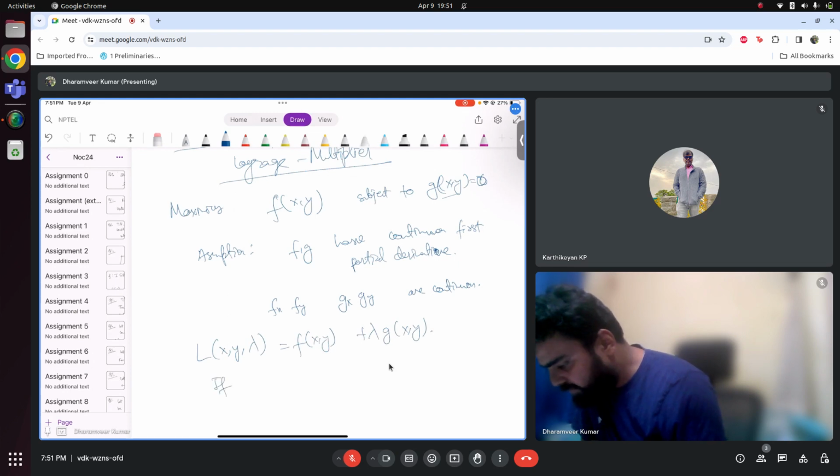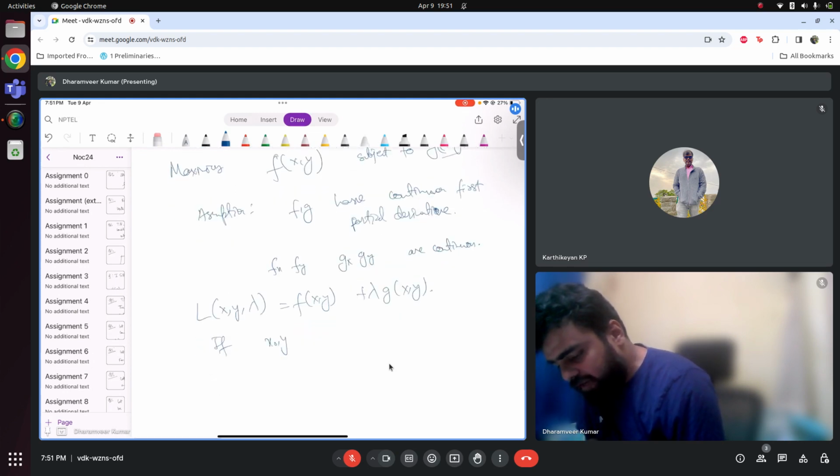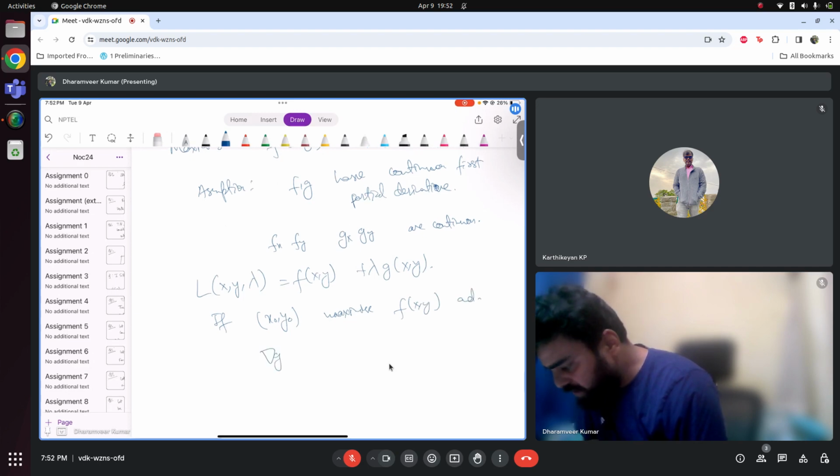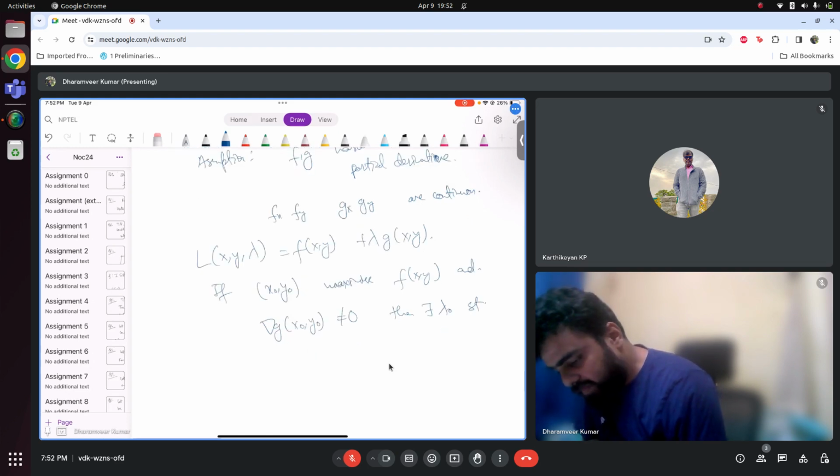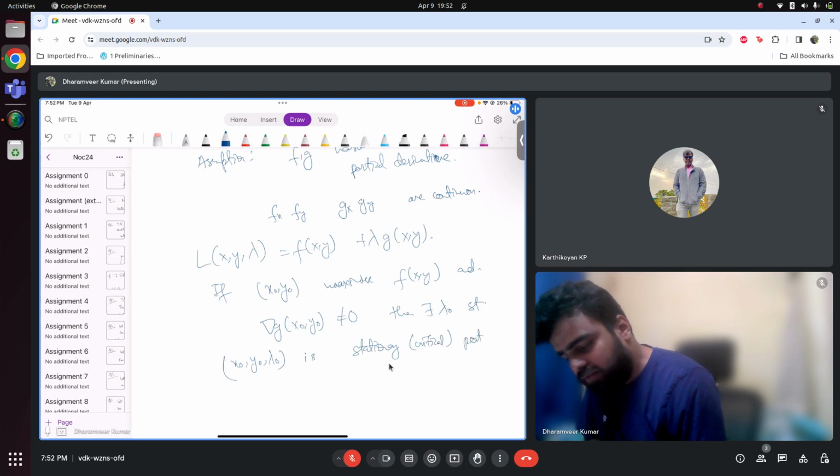So if x naught, y naught maximizes f of x, y and grad g of this is not equal to 0, then there exists lambda naught such that x naught, y naught, lambda naught is a stationary or critical point of N.